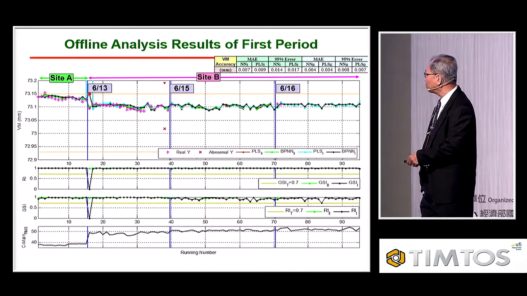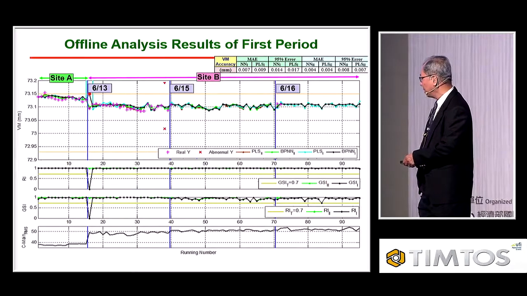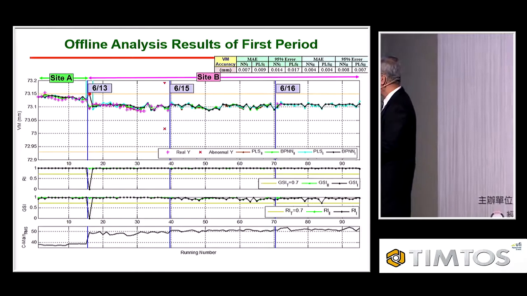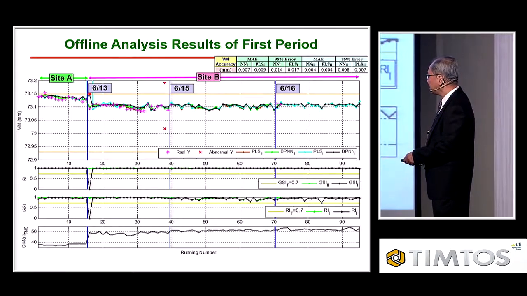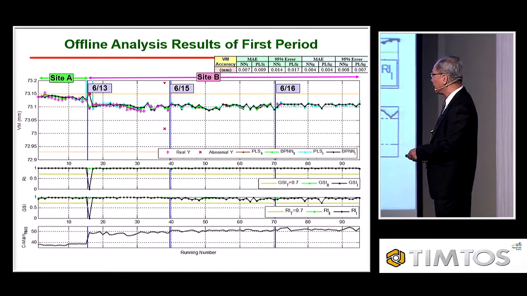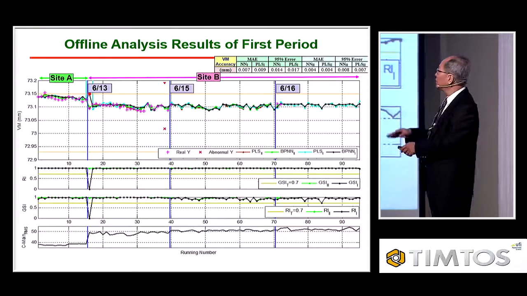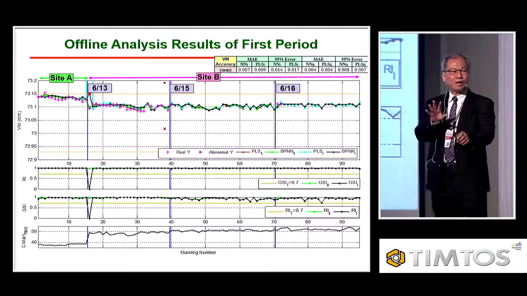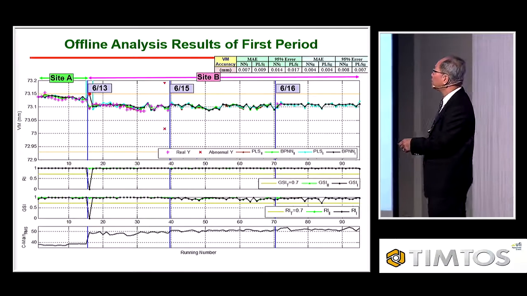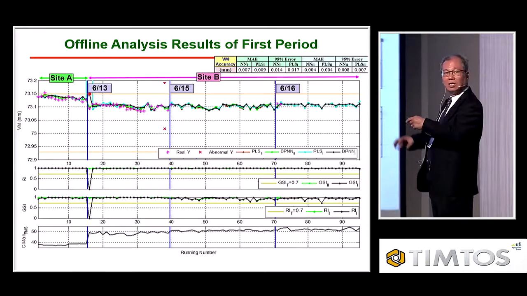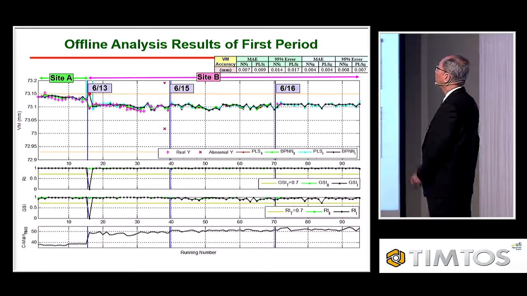You see, this is the current value. This one has 38 amperes, and this one is 48 amperes. The amperes are different, so of course the machine conditions are different. But we still use the same models built in Taiwan to predict the value in mainland China.